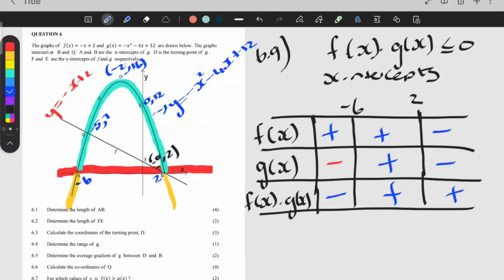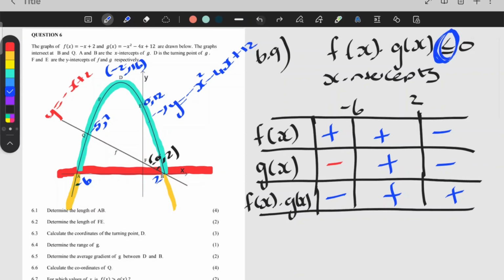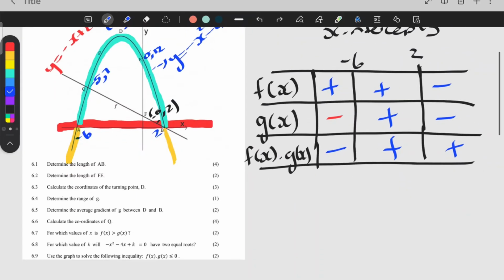So now, because the original question had a less than, we are looking for the minuses. So let's look at our final answer. We only have a minus here. So in terms of a number line, you would write this side of negative 6. So the answer is where x is less than negative 6.